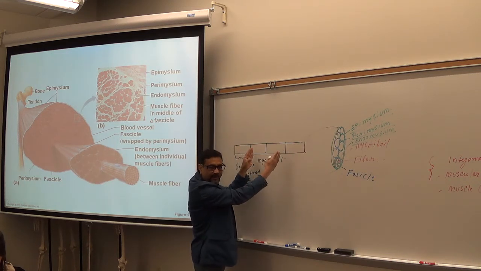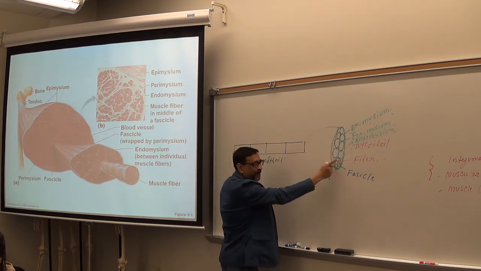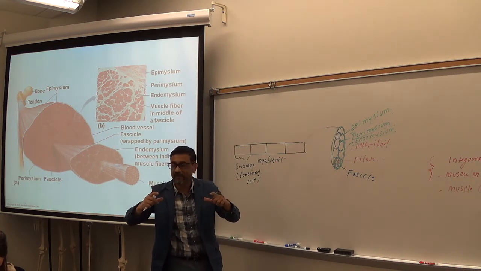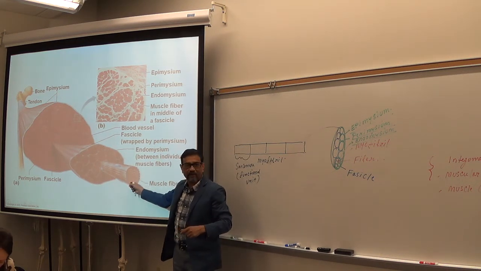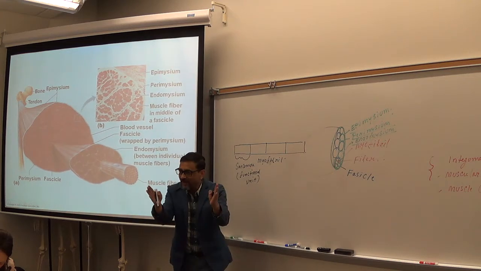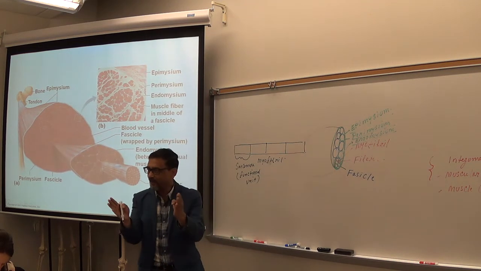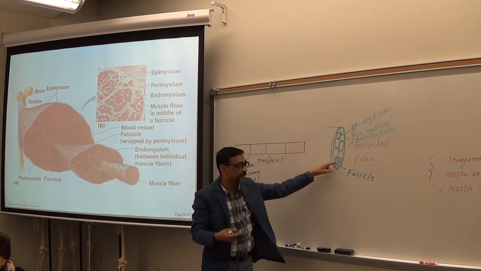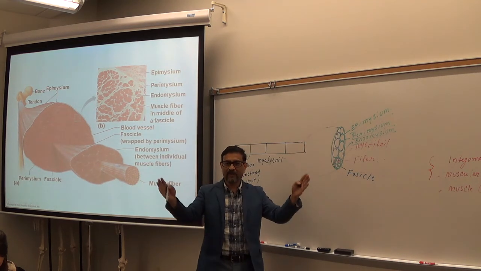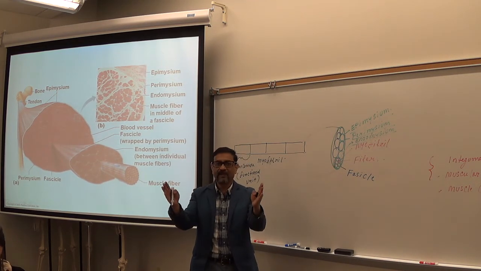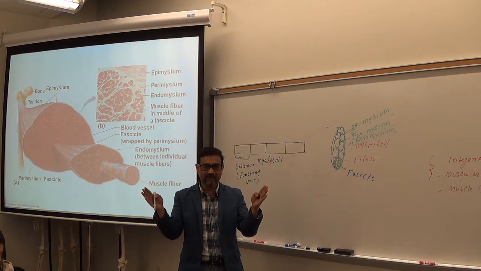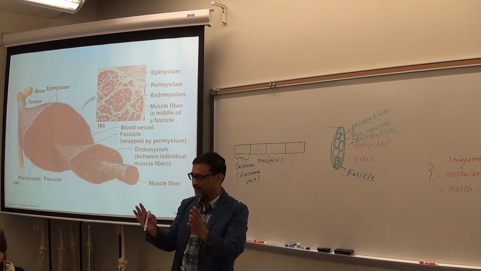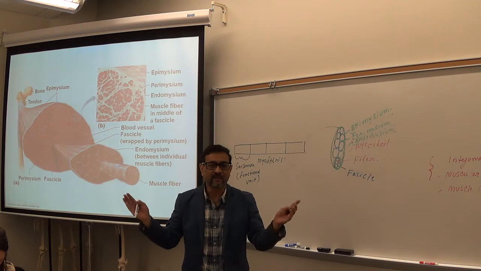Make sense? And inside the muscle fiber, you have many myofibrils, right? Filled with myofibrils. So when all these myofibrils get shorter at the same time, the whole muscle fiber gets shorter. And when all muscle fibers inside the fascicle get shorter, the fascicles get shorter, right? And when all the fascicles inside the whole muscle get shorter at the same time, that is the muscle contraction.